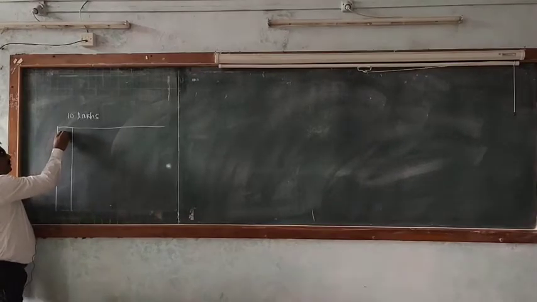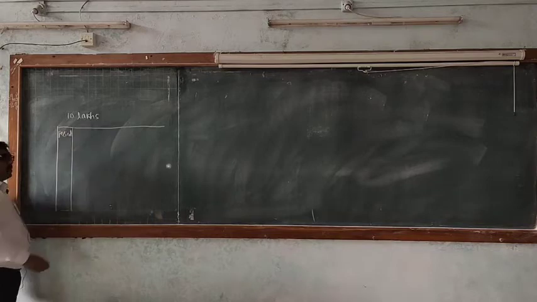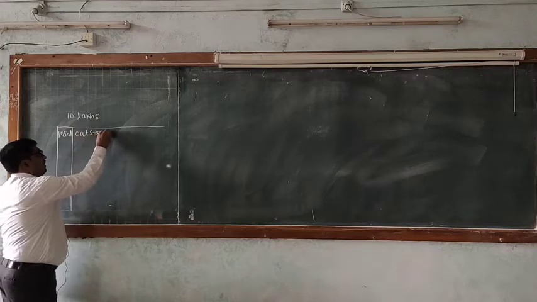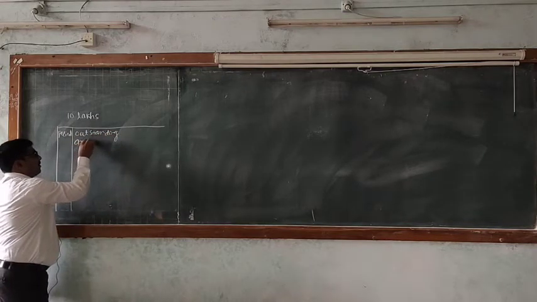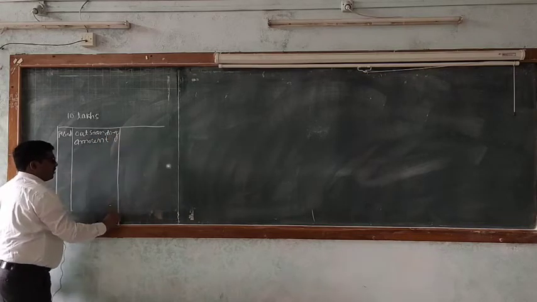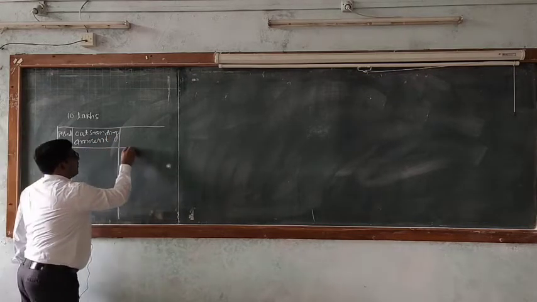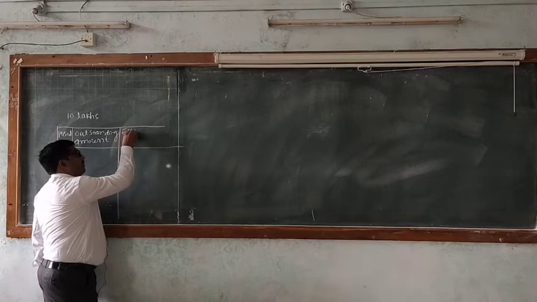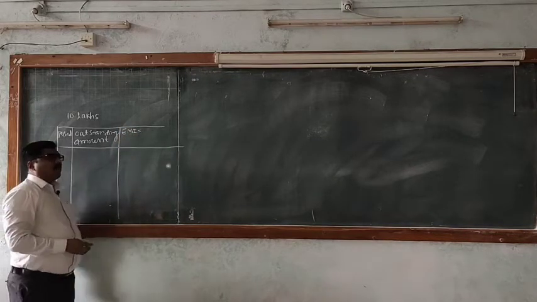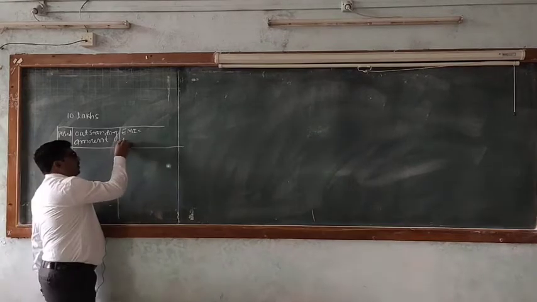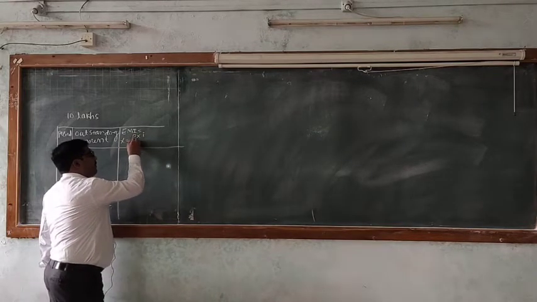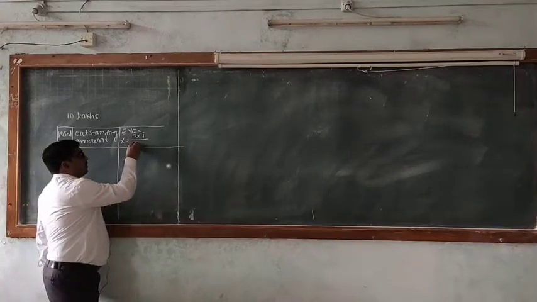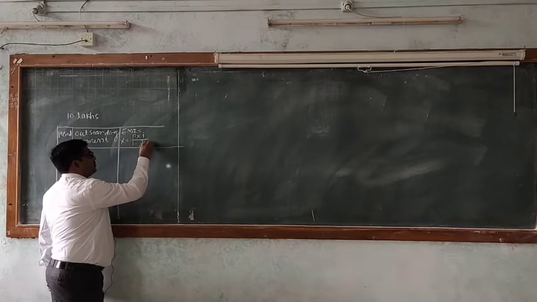Period, next outstanding amount, next is EMI, and the formula for EMI is X equal to P into I upon 1 minus 1 upon (1 plus I) raised to power n.